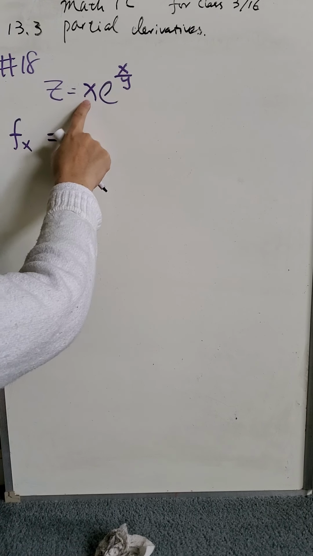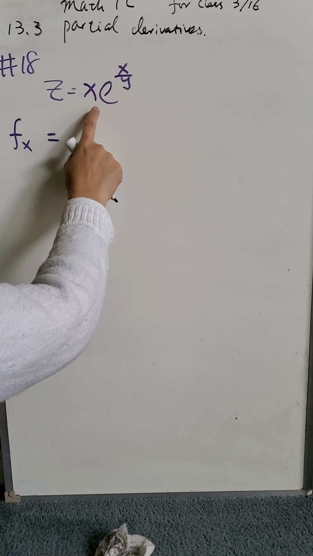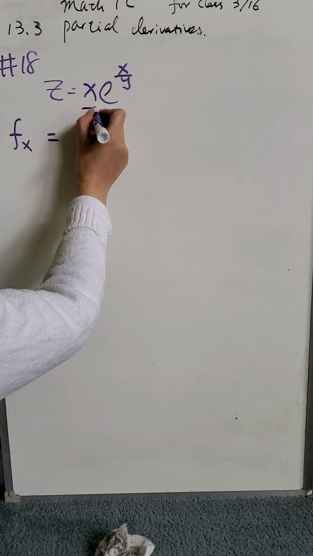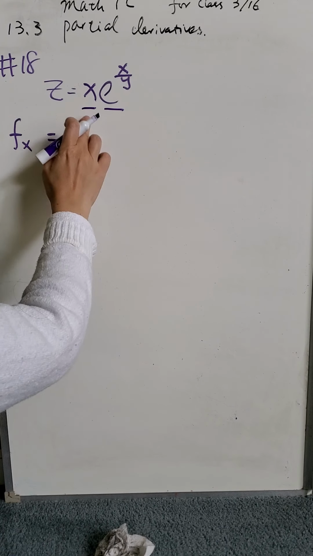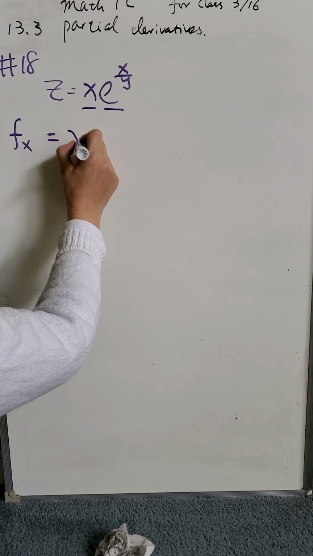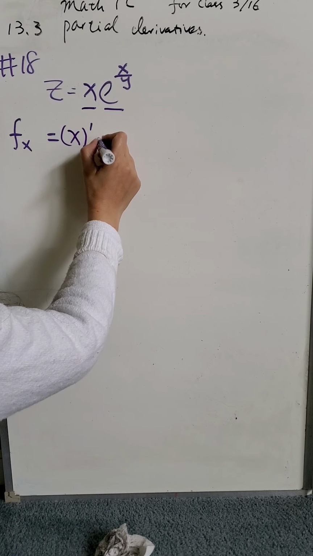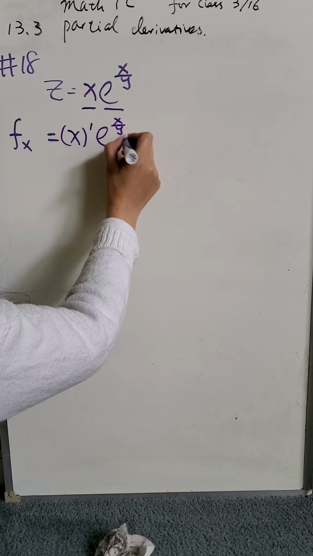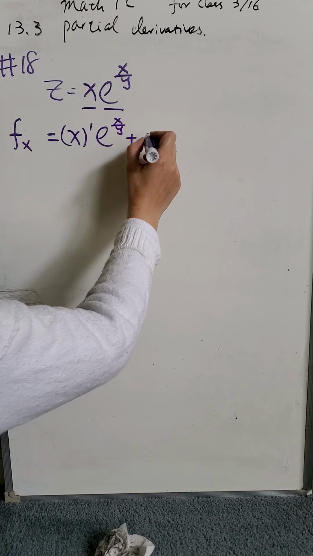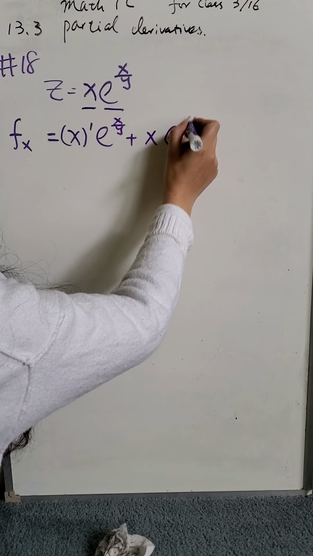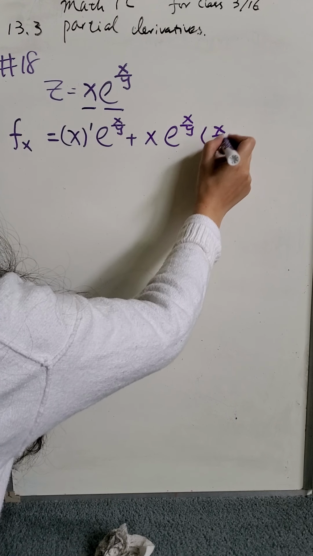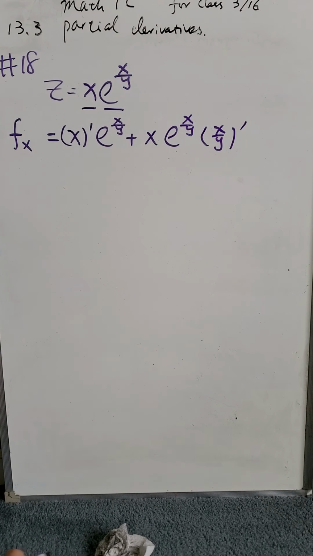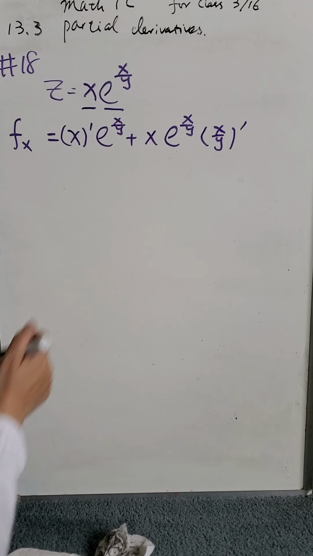Now because x is in both places, these are two functions here, a first function and a second function. So we use the product rule. We take the derivative of x first, and then e to the x over y, plus we keep the x, and then e to the x over y, and then we take the chain rule. Keep in mind, x is your variable.